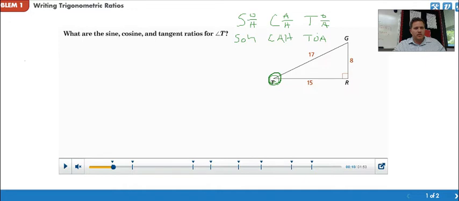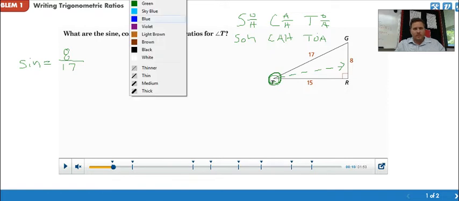We need to find each of these. My sine is going to equal, and remember, sine is the opposite over the hypotenuse. So if I'm talking about t, my opposite would be 8. So I have 8 over my hypotenuse, which is easy because it's always going to be across from the right angle. That's going to be 17.